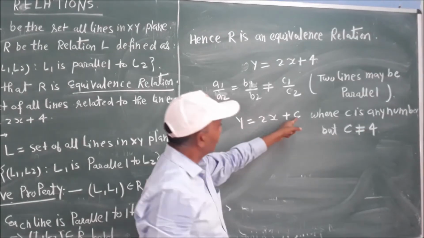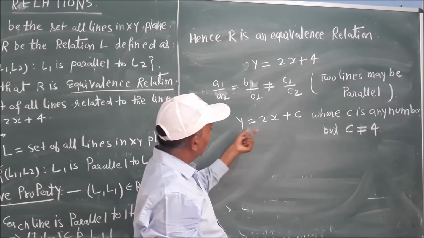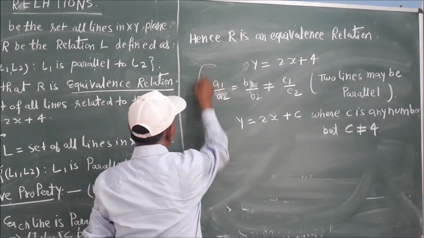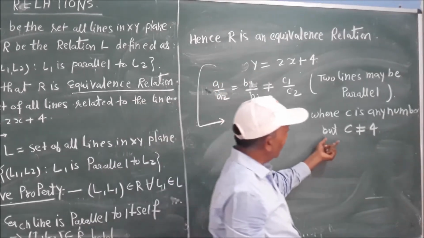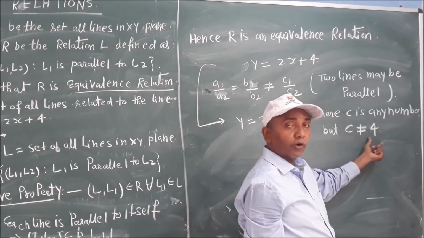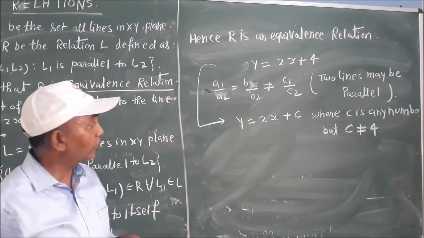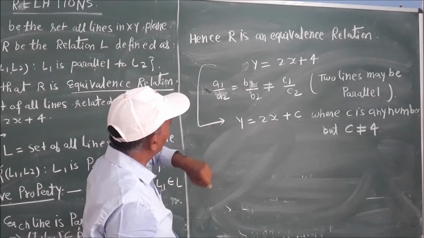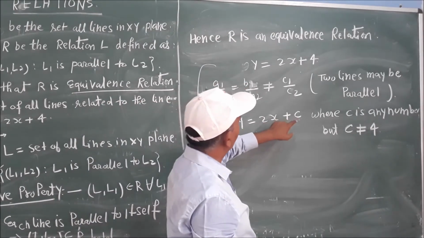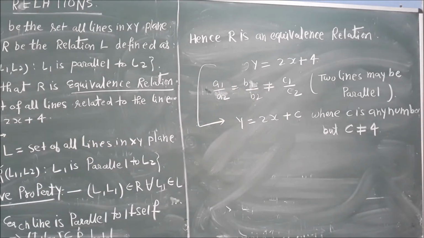If you put the value of c as any integer or any rational number and draw the graph of these two lines, you will see that these two graphs are always parallel. Condition is given c not equal to 4. If c is equal to 4, what happens? These two lines have infinitely many solutions. So this is the answer. The line y is equal to 2x plus c is the line which is parallel to the given line.